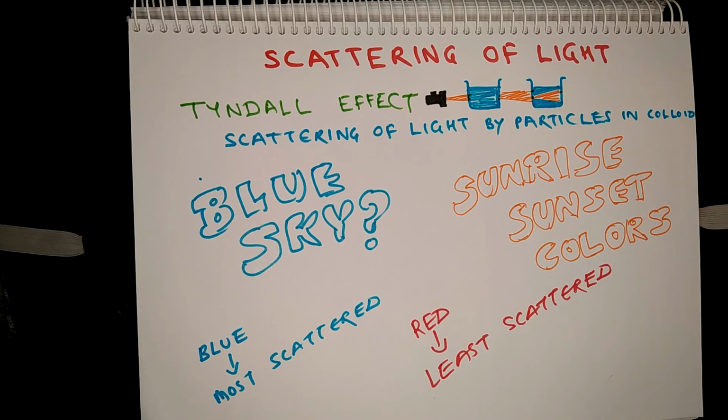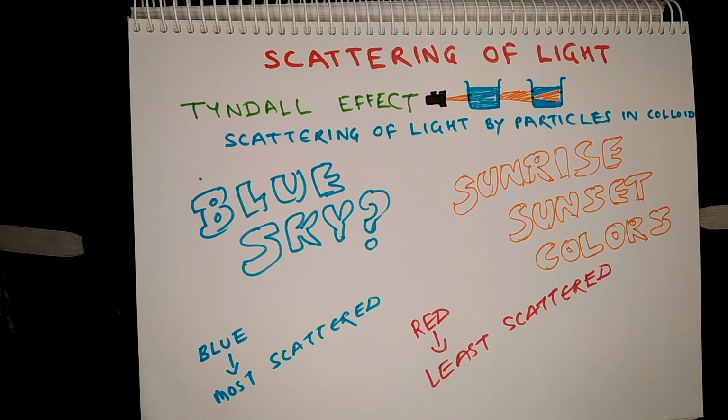This effect is called the Tyndall effect, the appearance of a beam of light through a colloidal solution. Another example of the Tyndall effect is the beams of light which you may have seen coming through the holes in the ventilation or a small slit in the door, especially in the early morning or evening because of sunlight.